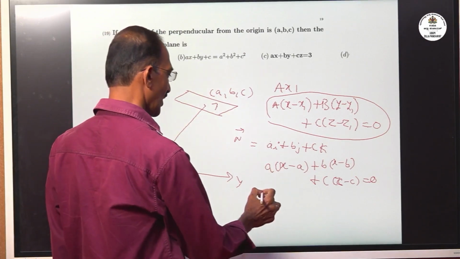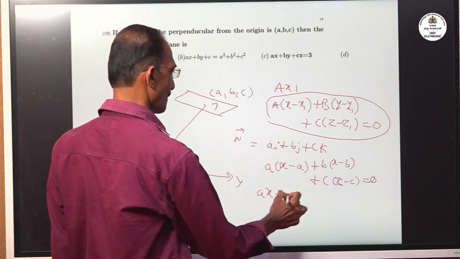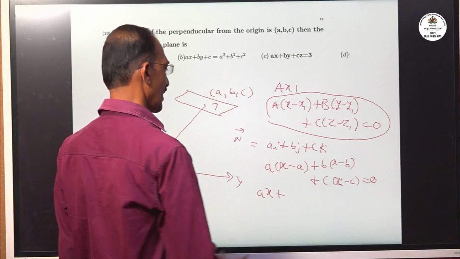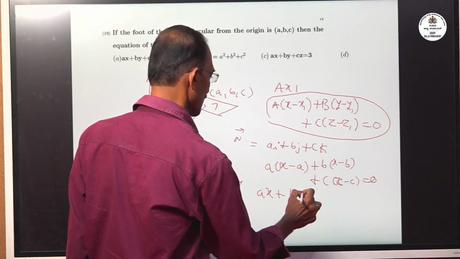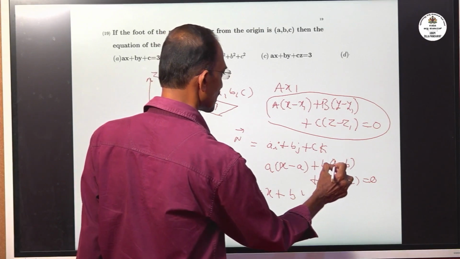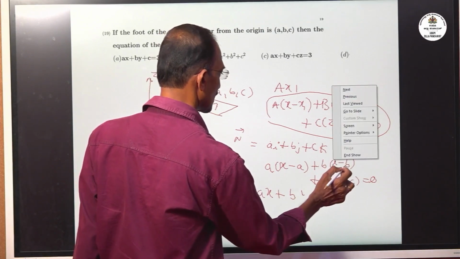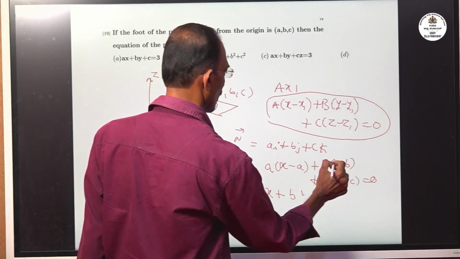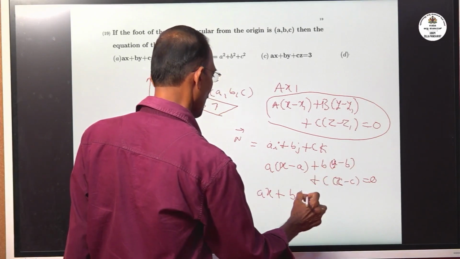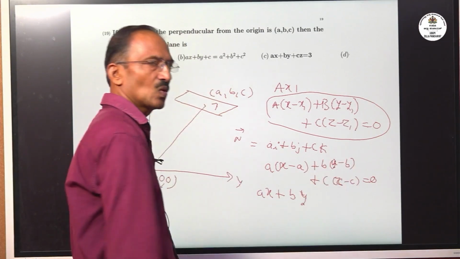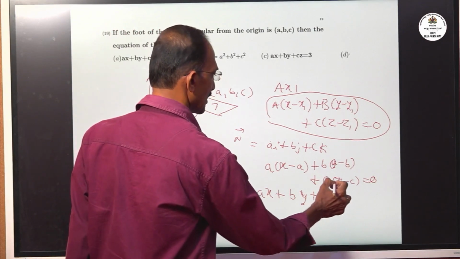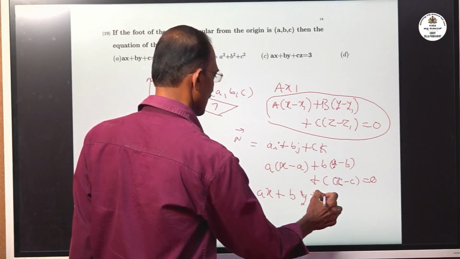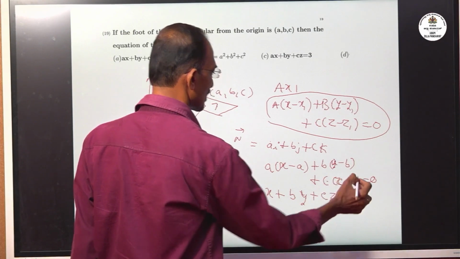If you multiply, you get ax and a into a, which is a square, written afterwards, plus b into y, that is by, and b into b, b square, and c into z, that is cz, and c into c, c square.